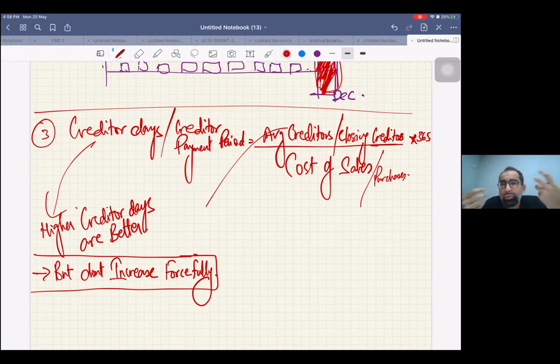So if you want to increase the creditor days, you can negotiate with your supplier. You can say that we will buy big quantities in future and we'll only buy from you.